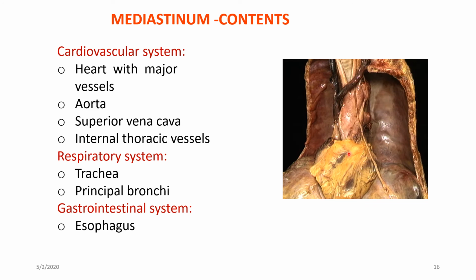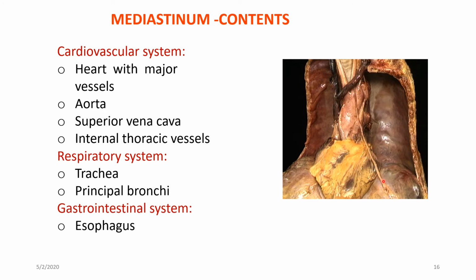Then what are the other components? It can be seen. Behind these structures will be the trachea and its bifurcation into right and left principal bronchus. Then part of the gastrointestinal system, that is the esophagus. In this slide, we are seeing one nerve coming down.